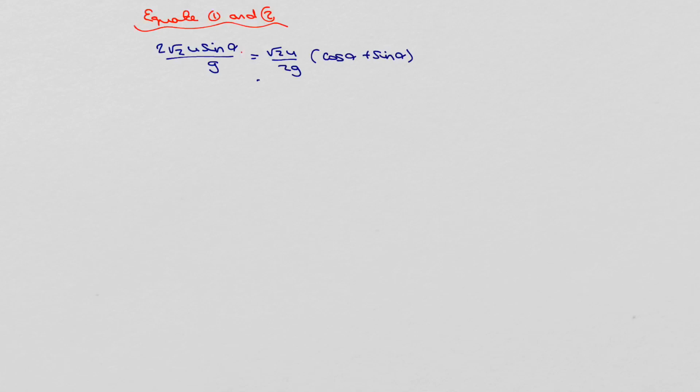And then if I cross multiply there, I can see, well, g's are gone, u's gone, root 2 is gone. Okay, and then what does that leave me with? Well, it leaves me with 2 sine alpha is equal to cos alpha plus sine alpha all over the 2 here. And if I multiply across, that gives me 4 sine alpha equals cos alpha plus sine alpha.